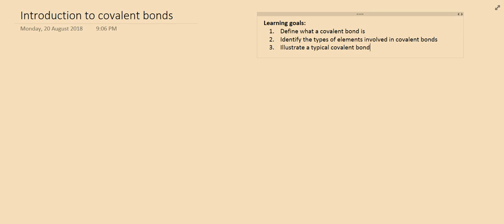Now for me, one of the easiest ways to remember what is involved with a covalent bond is to look at the word covalent. Now I usually break up this word into 2 components, the co and the valent.